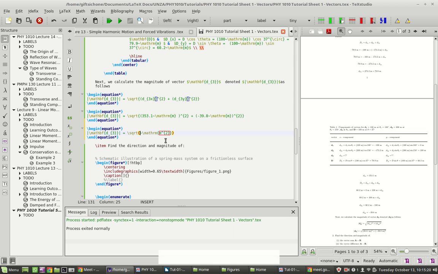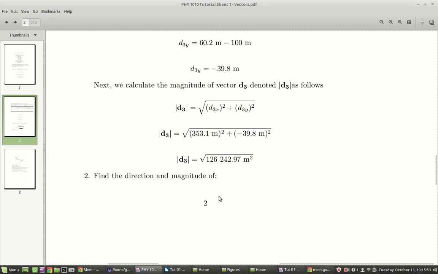So we have the square root of 126,242.97.